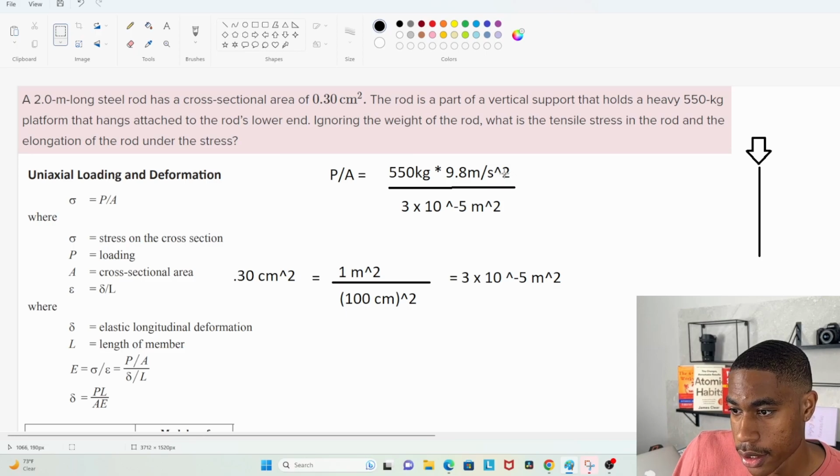So now we know that our units line up, and this should give us an answer in pascals. 1 kilogram times a meter per second squared gives us a pascal, I believe. So, all right, let's see what we get here.